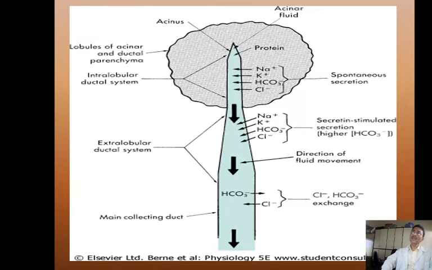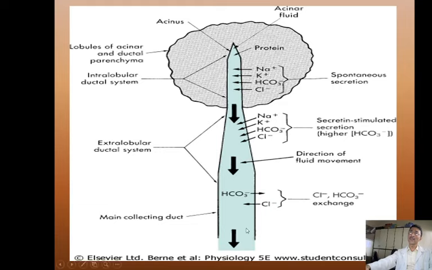This is further explaining this, where you will see that here it is the acinar cells. In the acinar cells there is a spontaneous secretion, where there is more of the enzymatic side, but very little bicarbonate is secreted. But as this pancreatic juice comes out of the acinar ducts and goes into the intralobular ducts, you will find there is a rich, or increased, secretion of bicarbonate ions into the lumen of the duct.